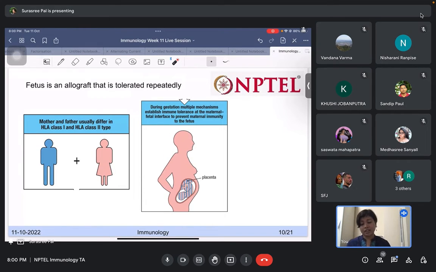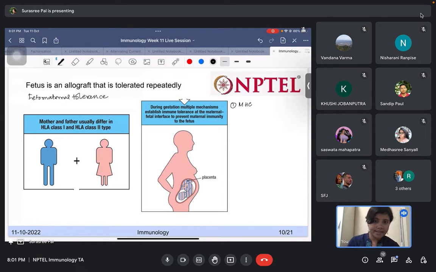First of all, there are several ways this feto-maternal tolerance is achieved. So there are multiple factors which are involved. So I'm going to discuss them one by one. The first one is MHC.